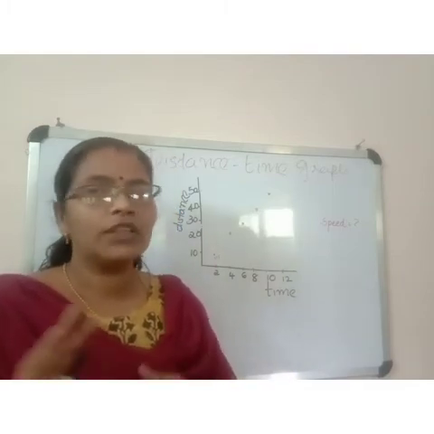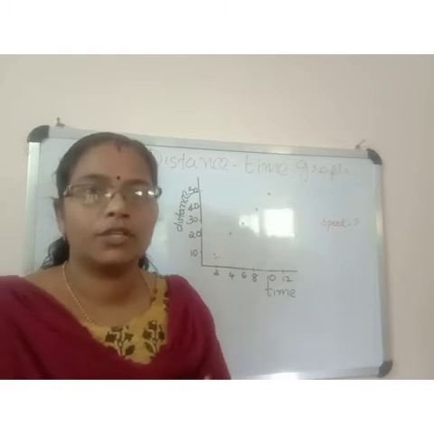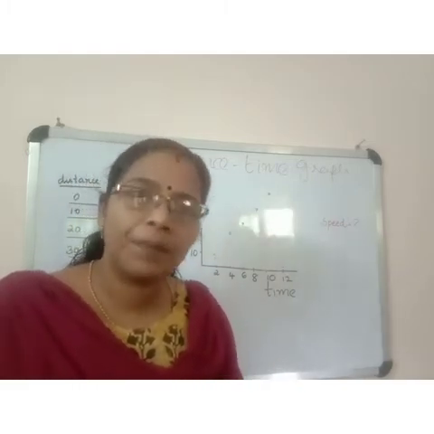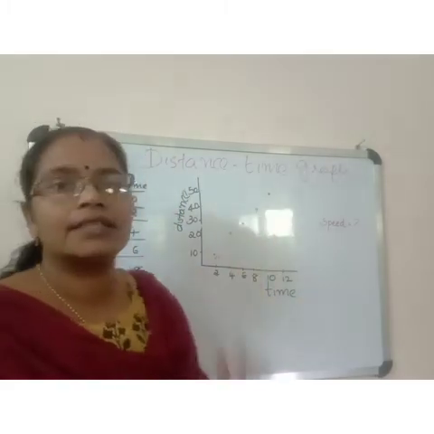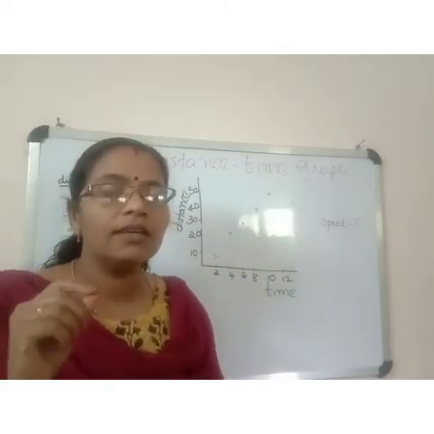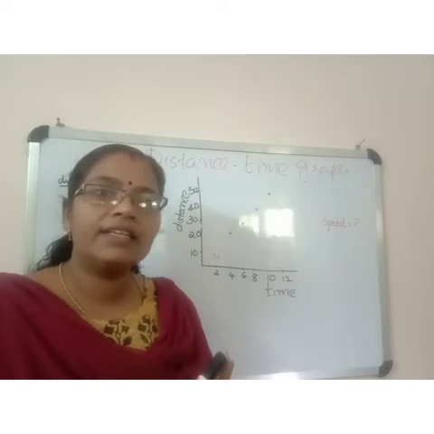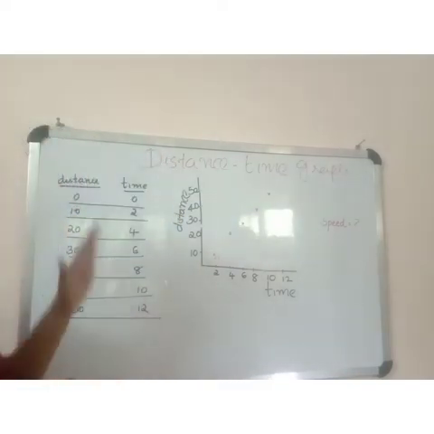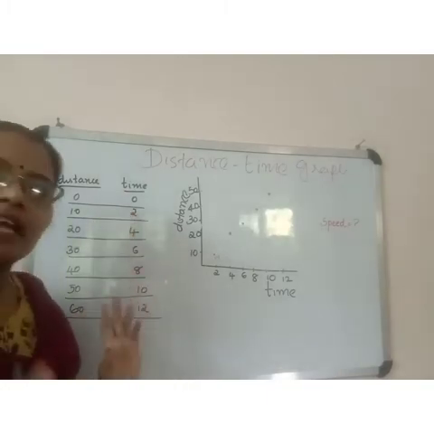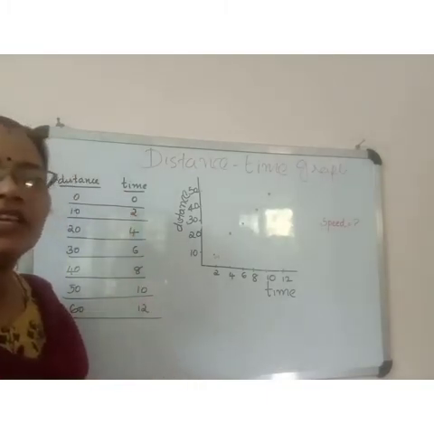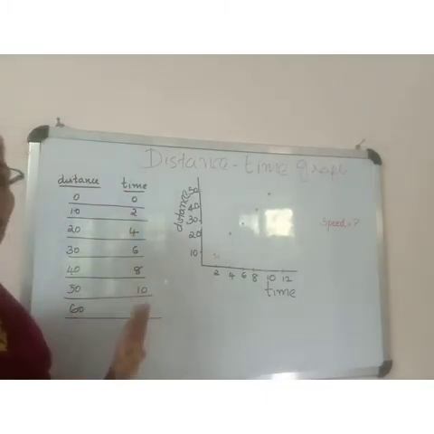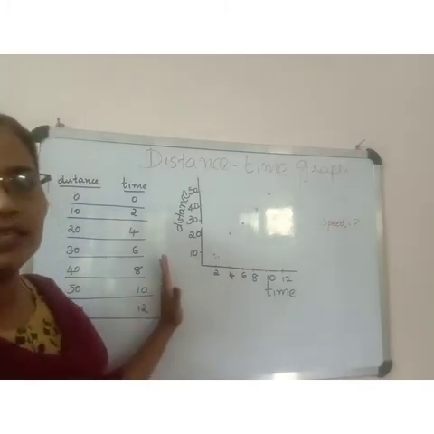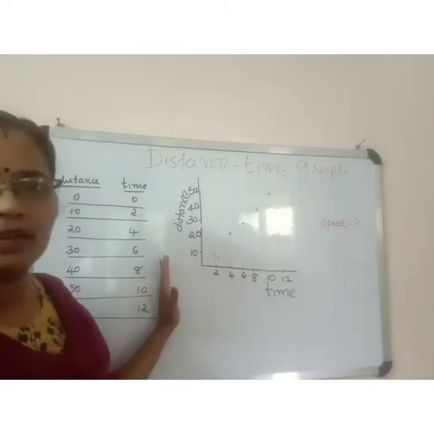So without any mathematical calculation we can find out the speed directly from this distance time graph. Here speed is unknown to us, only the values of distance and time we know. Speed, which is an unknown quantity here, we can find out from the graph.